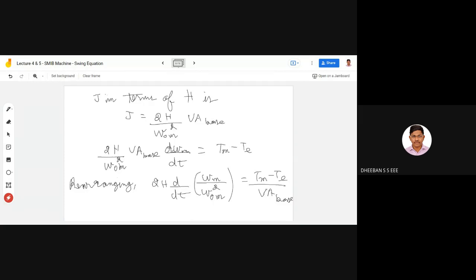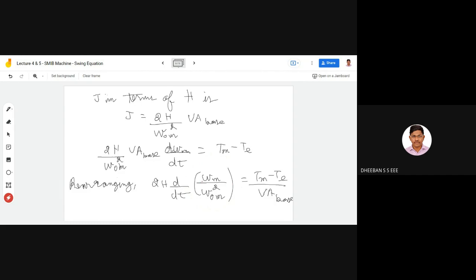After rearranging, you will be getting 2H d by dt, and this d omega m by omega naught m square you will be having, and then Tm minus Te. And this is where you have to see that is your angular velocity.